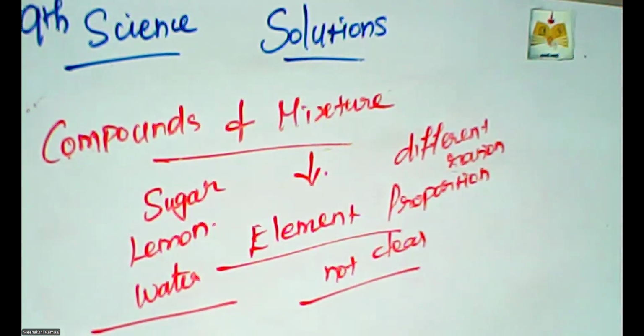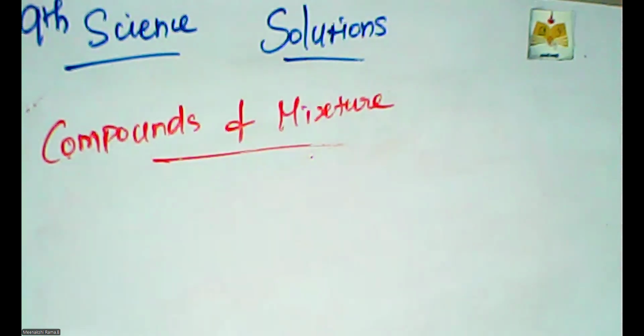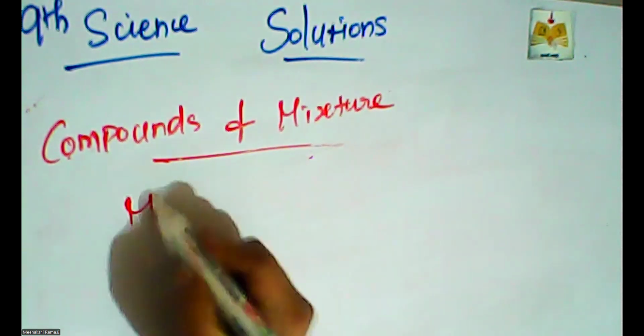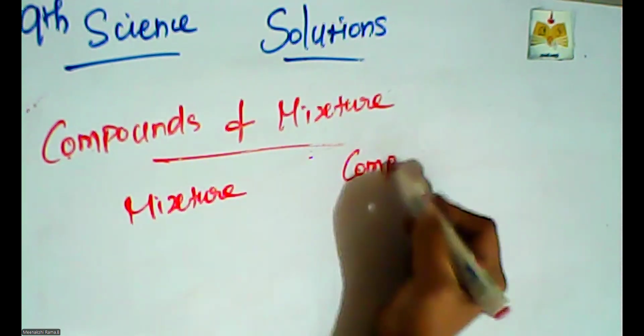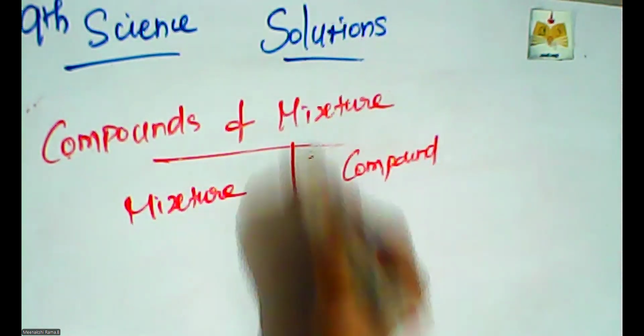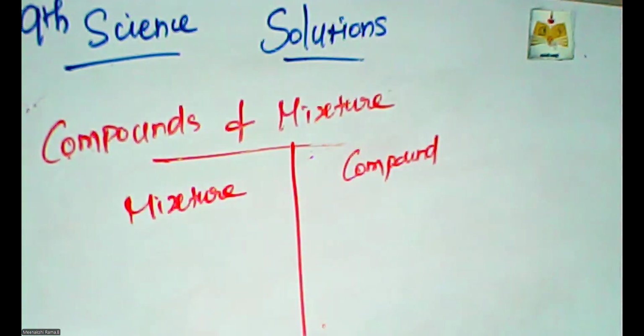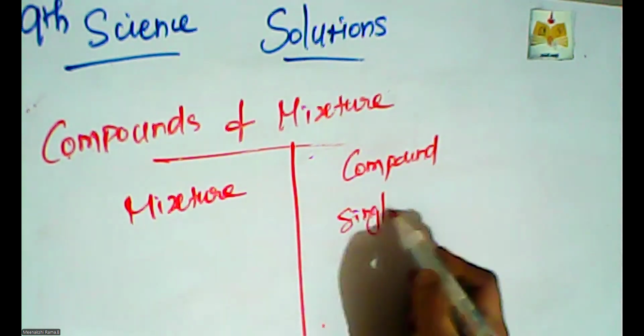What is the difference between a compound and a mixture? What are their natures? First one is mixture, another one is compound. Both contain two or more elements. A compound is a single substance only.